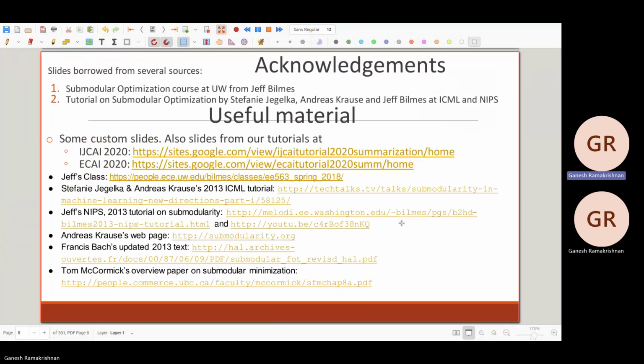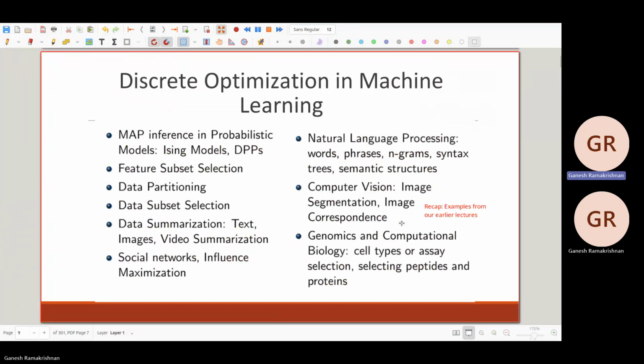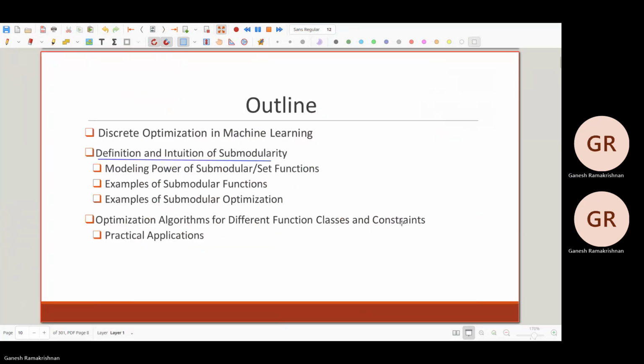We also have some of our own tutorials, so you're welcome to go through those in detail. You recall these were the different objective functions where we dealt with discrete optimization: MAP inference in probabilistic models, feature subset selection, data partitioning, and so on. These are examples from our earlier lectures.